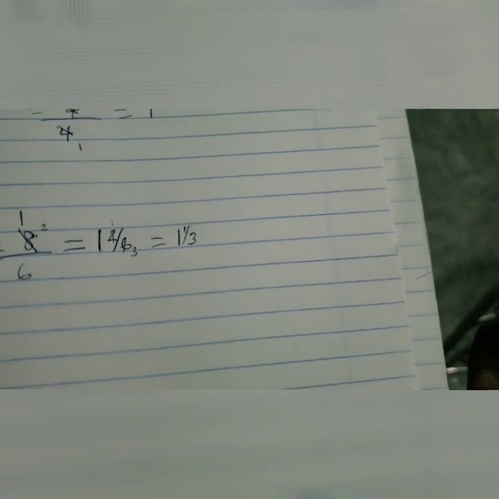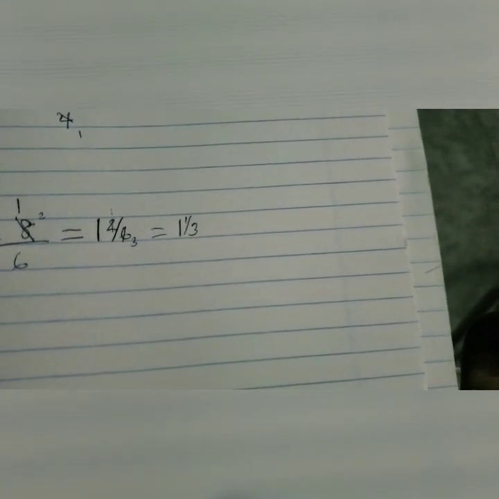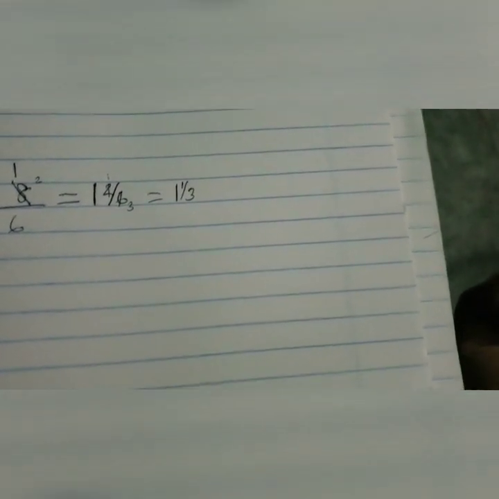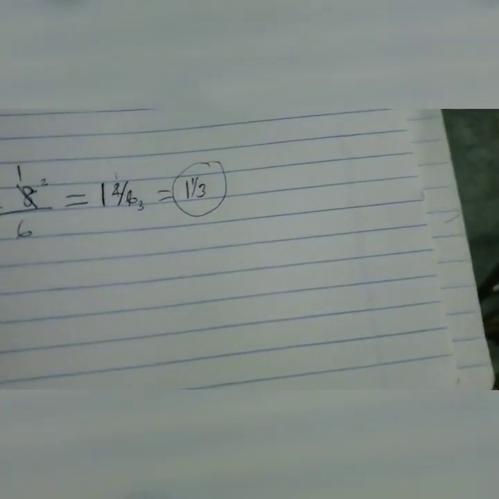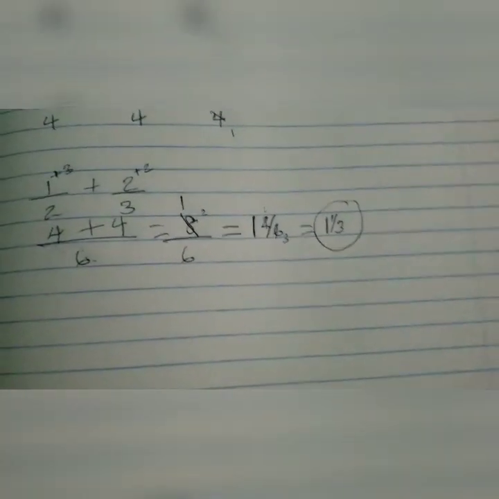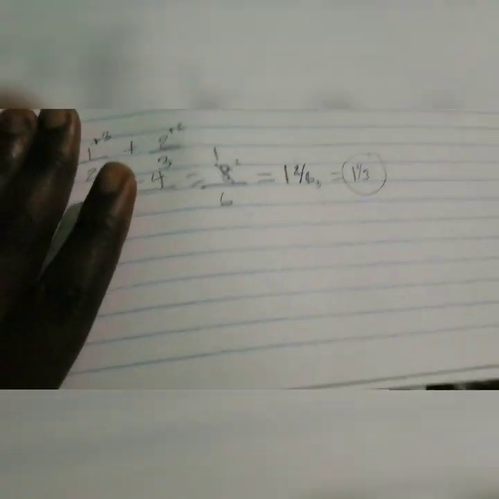So 1 and 2 over 6 is equivalent to 1 and 1 over 3. So this is the simplest form. Alright, guys, I hope that was understandable for you. Alright, let me try another number.